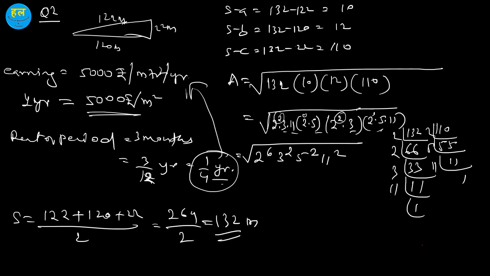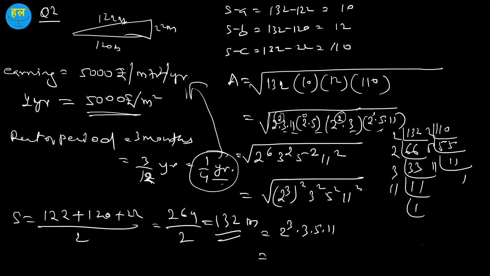So we have all the even values. When we take out, we will remove the square. When we remove the square root, we will get 2 to the power 3 into 3 into 5 into 11.